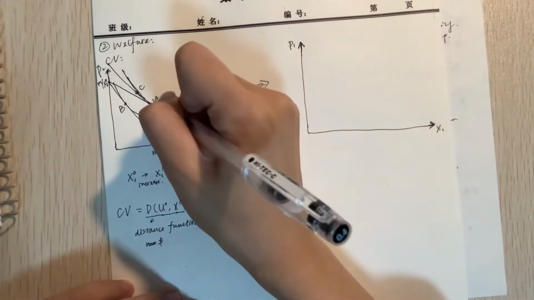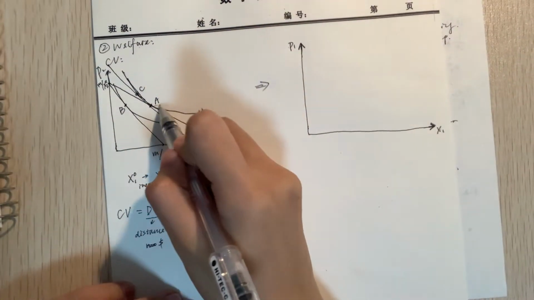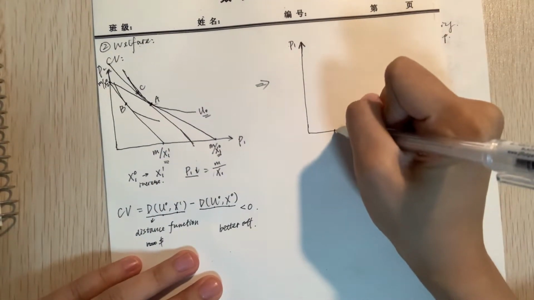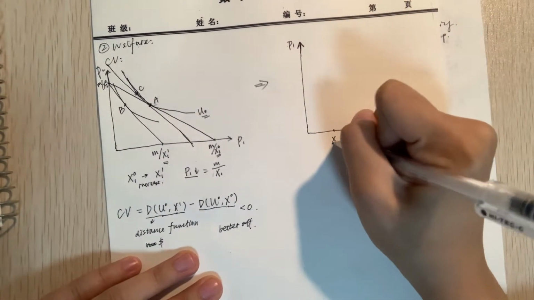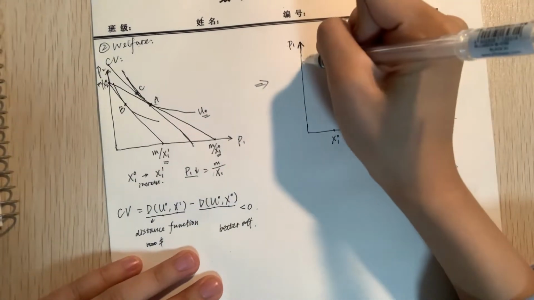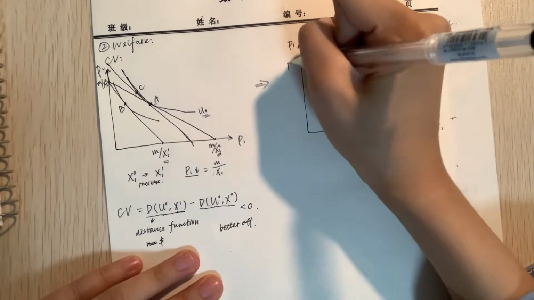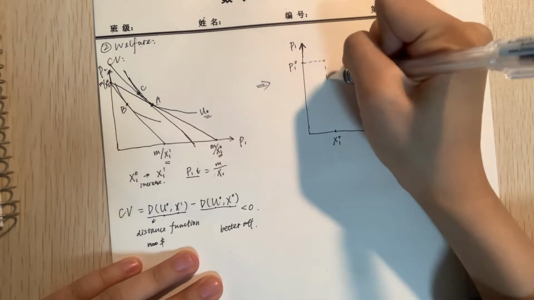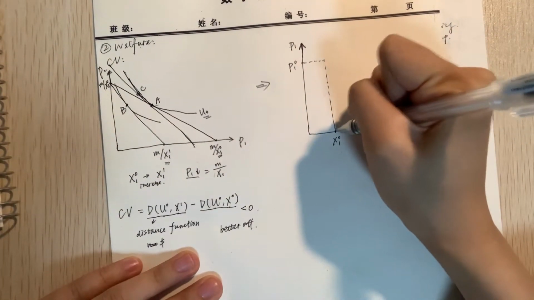Now, the original point A marks the original level of quantity. I will put it here. And the original level of price, I will put it here. This marks point A of good 1.